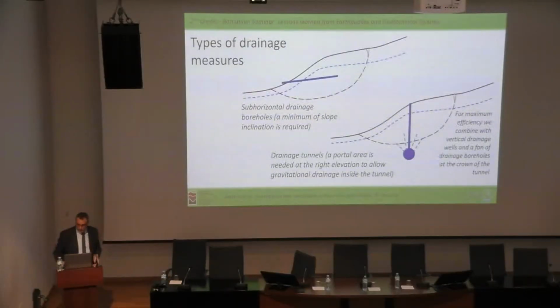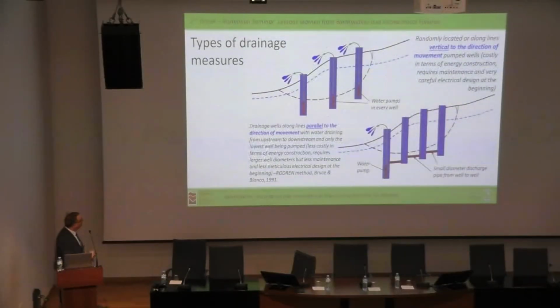We can have various types of wells that may be pumped, something that is very tricky when it comes to the actual electrical design of the pumps. We can have connected vertical wells, then we only have to pump the vertical well that is at the toe of the landslide.